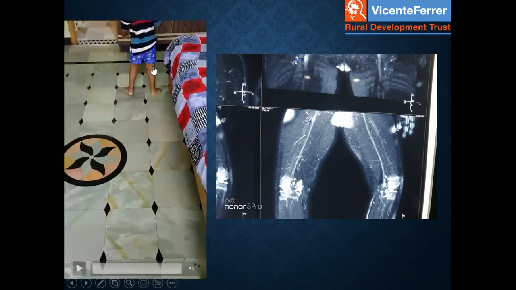The knee joint in the mid stance is straight only, but in the swing phase it is excessively flexing up. So this child has a thickening of the sciatic nerve, so was suspected to have Hansen's disease.